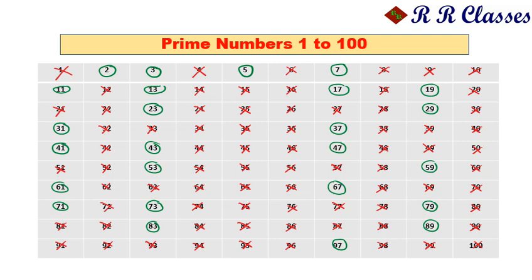And then encircle 7 and strike out all multiples of 7. Then you will see that only a few numbers are remaining, and these numbers are prime numbers because they have only two factors, 1 and number itself. If you observe, there are 25 prime numbers between 1 and 100.